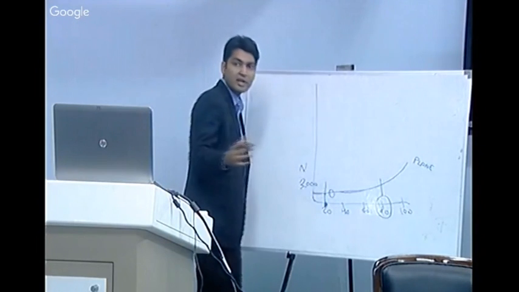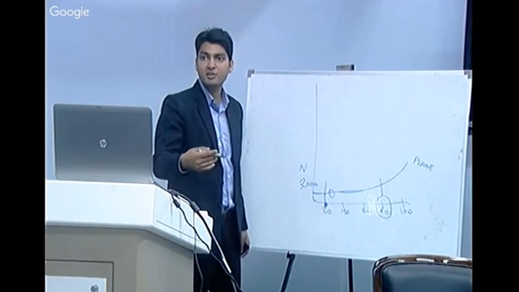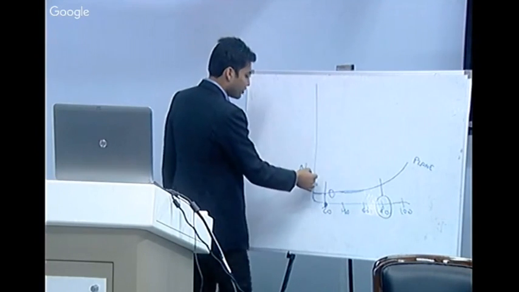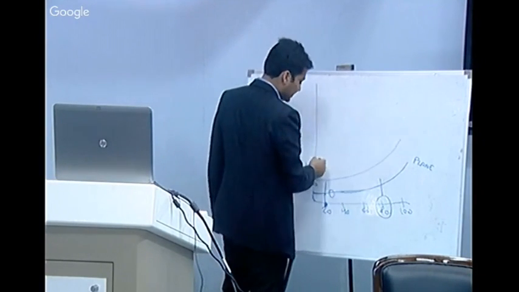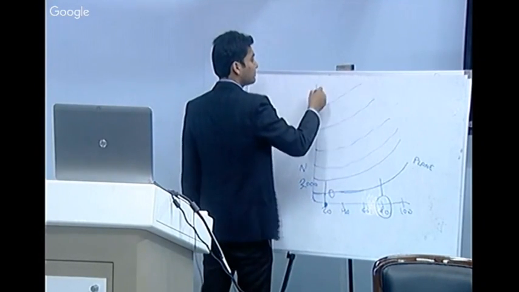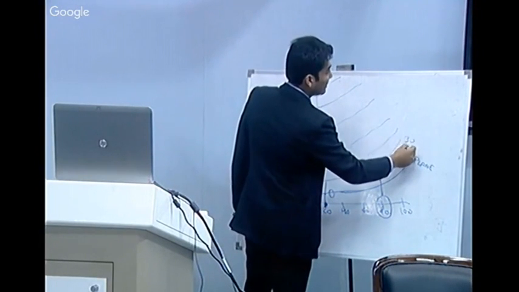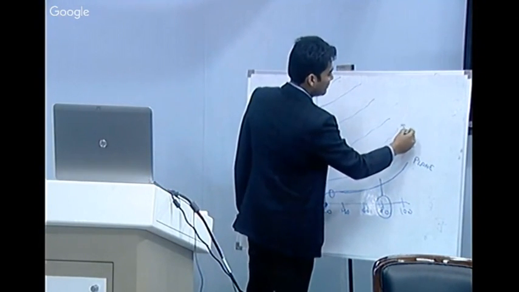Now, suppose a certain inclination is there. There are different inclinations in our daily life which we encounter. This is the 3% inclination, the 5% inclination.